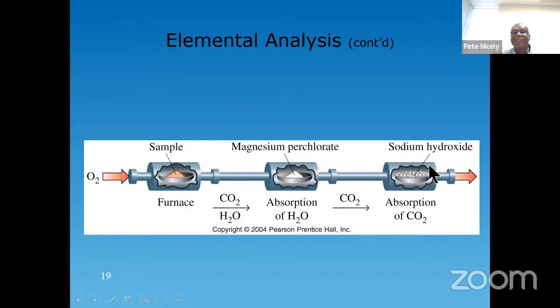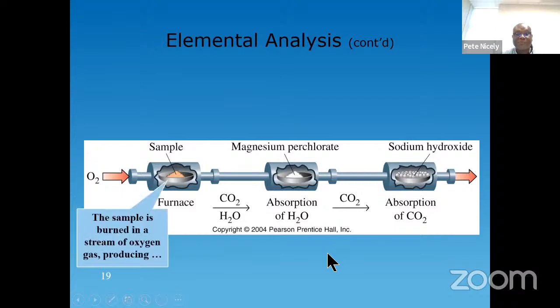And similarly, the increase in mass of the sodium hydroxide would be equal to the mass of carbon dioxide that is absorbed by it. Then based on those masses, you can determine the mass of hydrogen and carbon in the original compound, and also you can determine the mass of oxygen if it is present, as well as other elements, all right? So that's basically how this works.